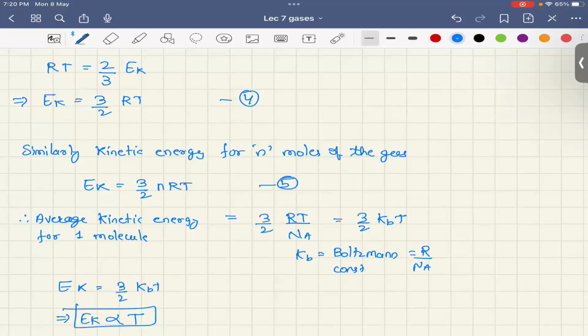Hence, average kinetic energy of a gas is directly proportional to its absolute temperature, irrespective of its nature.